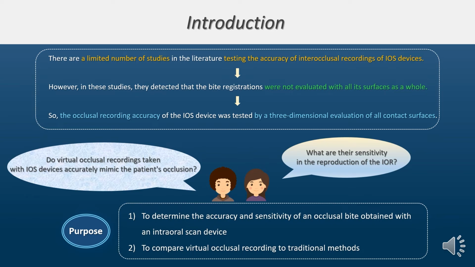In this study, the occlusal recording accuracy of the IOS device was tested by a 3D evaluation of all contact surfaces. The aim of the study was to determine the accuracy and sensitivity of an occlusal bite obtained with an intraoral scan device and to compare virtual occlusal recording to traditional methods.